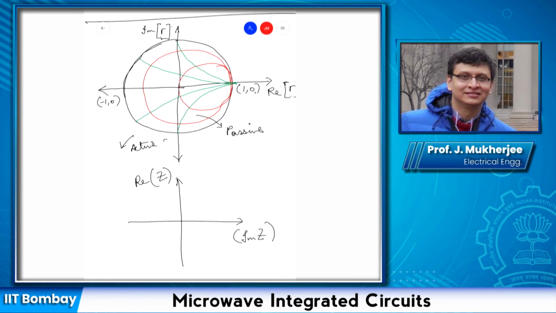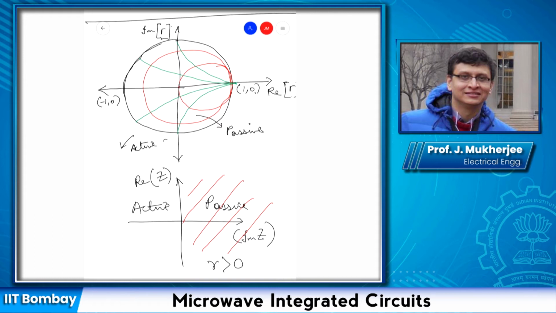In the Z plane, the impedances of passive devices occupy that portion where R is greater than 0. That means the entire right half of the Z plane, isn't it? This is the passive region, and this is the active region.